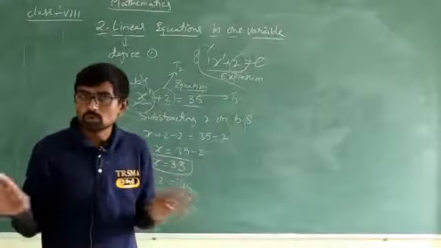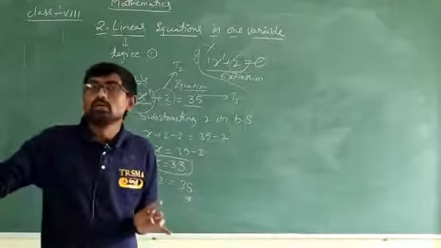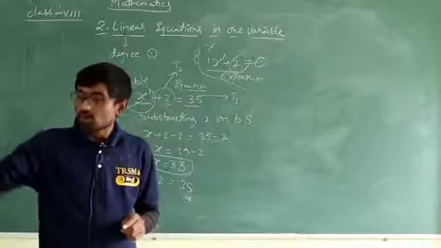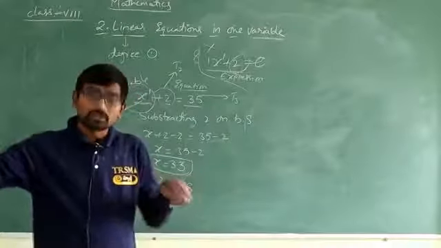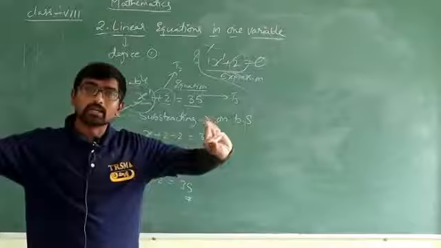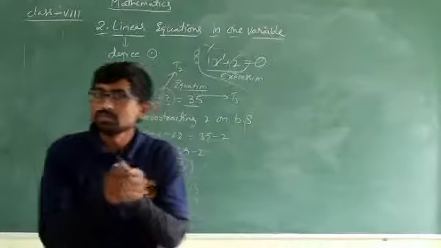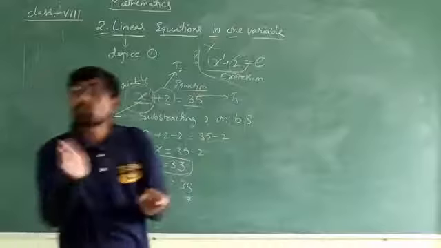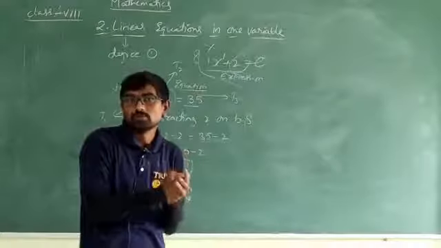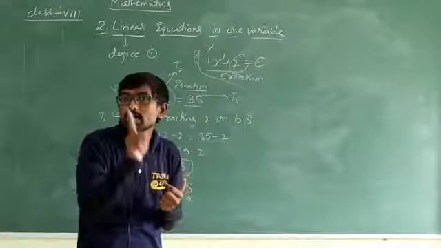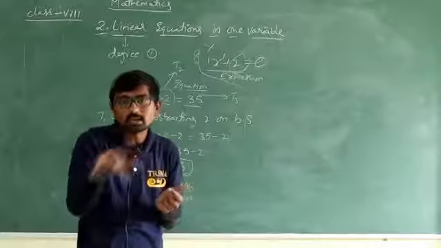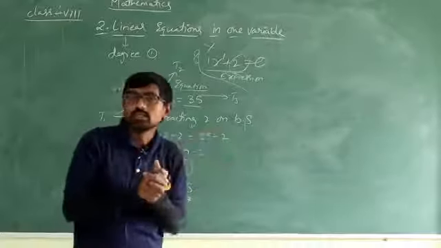The banana value I don't know, but the total fruits value is 10. So removing 5 apples from the total 10, I get the banana value as 5. Isn't it? So on equating the quantity only we get the value. So here we are asking only about one variable, that is bananas. The apple value is already given.